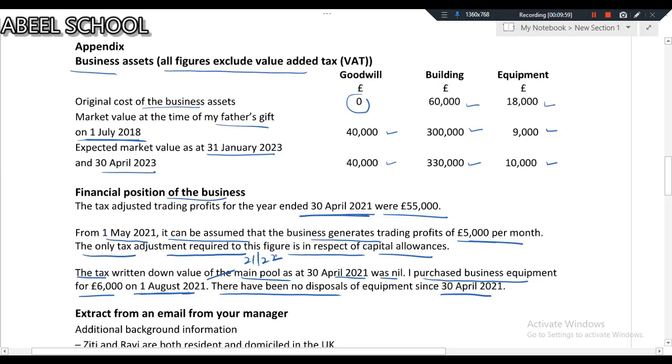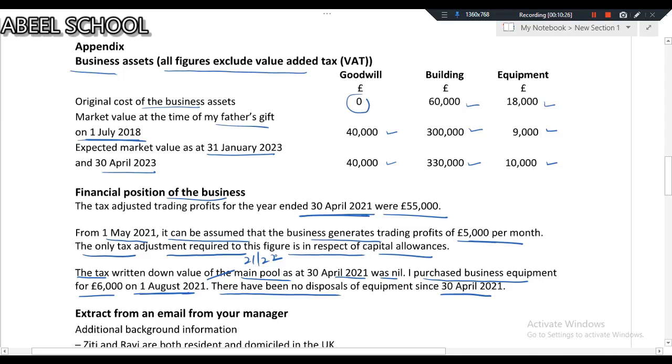And he's not selling, he's not ceasing the business in the tax year 21-22. Since he's not ceasing the business in the tax year 21-22, that is why annual investment allowance is available. Otherwise, in the last year of the business, when you are selling or ceasing the business, you never get annual investment allowance, you never get even first year allowance.